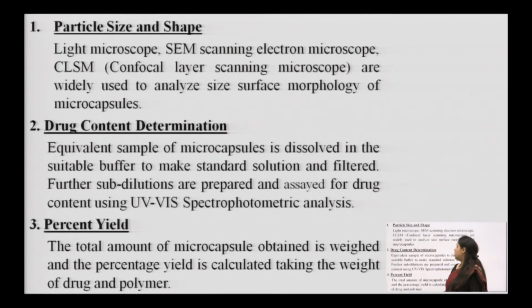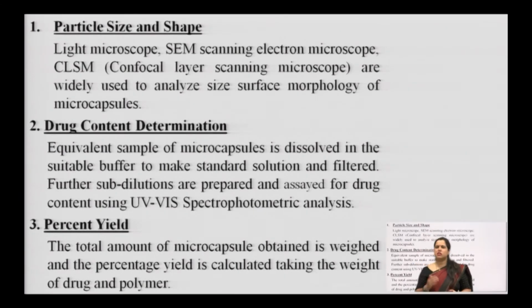Particle size and shape. Basically, particle size and shape can be analyzed using sophisticated equipment like light microscope, SEM, scanning electron microscopy, right, and CLSM, confocal laser scanning microscope, which are widely used to analyze the size and surface morphology of microcapsules.